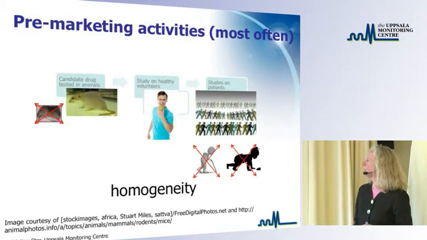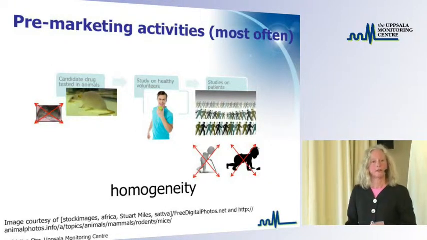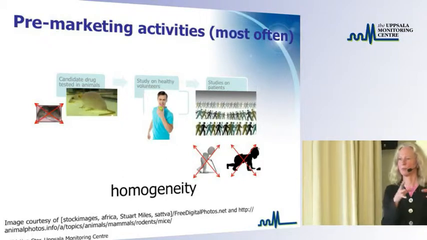You continue and you study the drug on healthy volunteers, and then you study it on patients. But in those randomized clinical studies, you often exclude children and elderly. So the clinical trials are very homogeneous in their population.